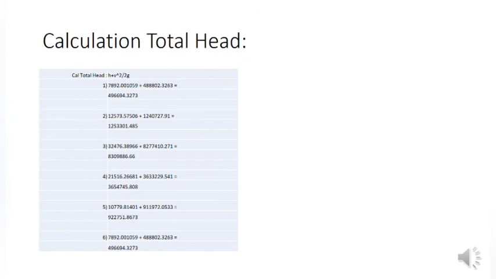So we just take the answer we calculated for the pressure head and add the velocity head, so we get the answer for total head. Okay, so this is how we get the answer and the calculation.